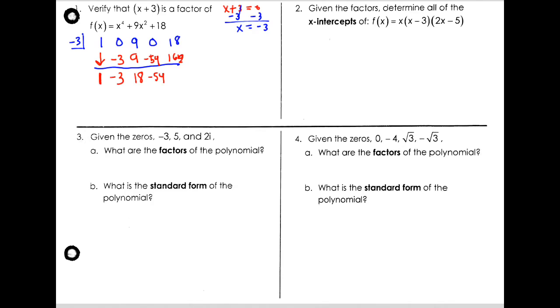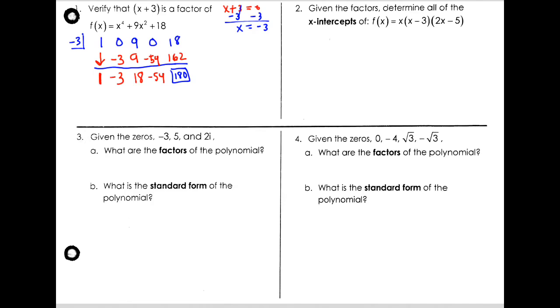Where is that? That is 162. So remember, our remainder is always going to be under the last term. And so 162 plus 18 is 180.